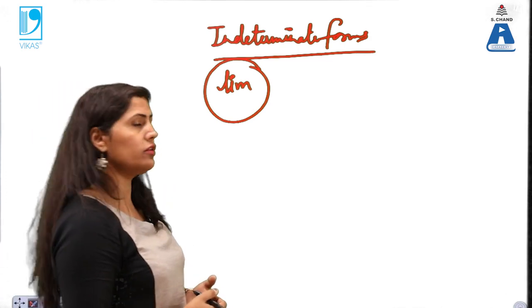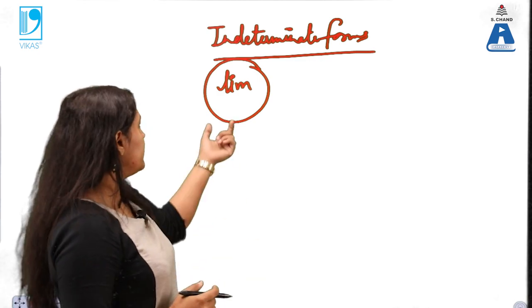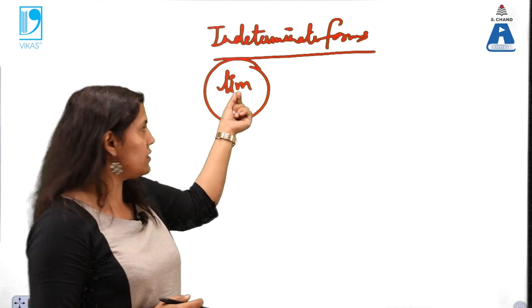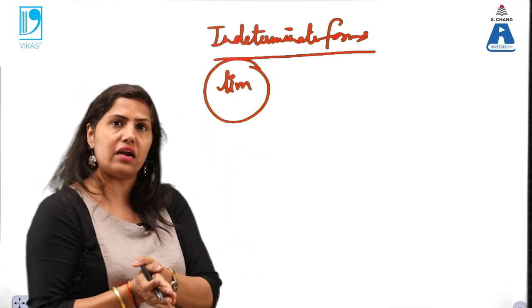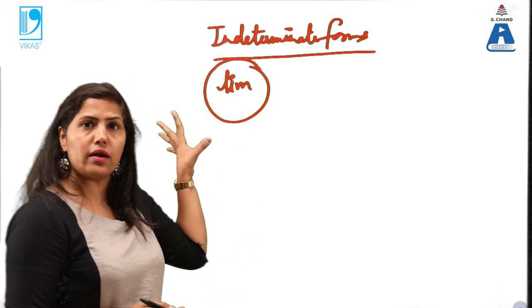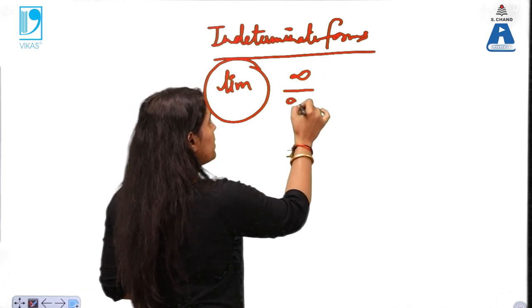We'll be given a function, but the limit doesn't seem to be finite, but when we use the L'Hopital rule, you will see that there is a possibility to get that limit. So indeterminate forms are in the limit concept, and there are forms like infinity by infinity.